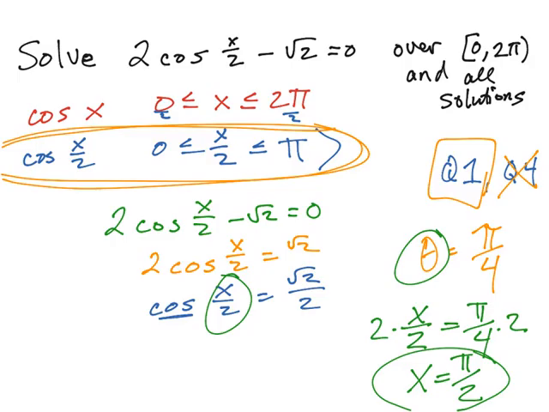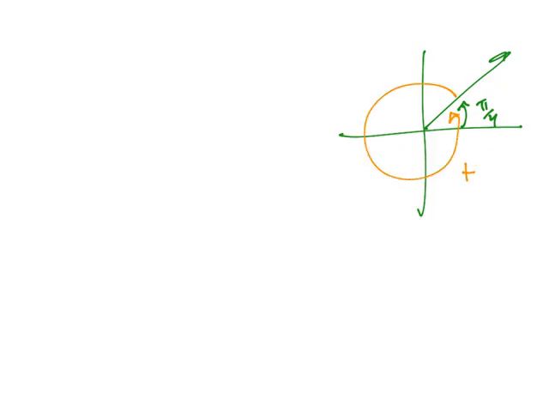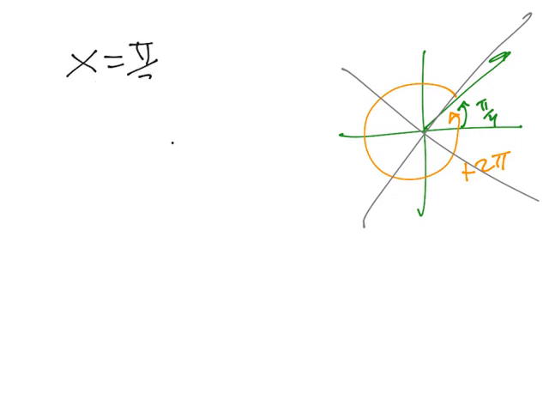Now, the second part of this is all solutions. Okay, so generally for all solutions, if we are at pi over 4, for a normal angle we would just add 2 pi. However, we are not playing with anything normal here, right? We know our answer is x equals pi over 2, and we are dealing with a half angle.